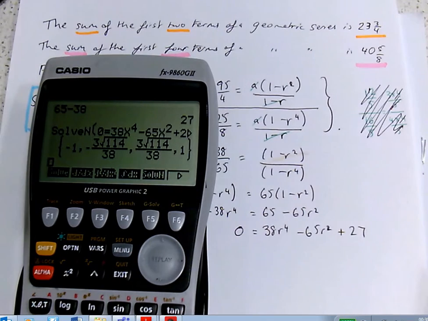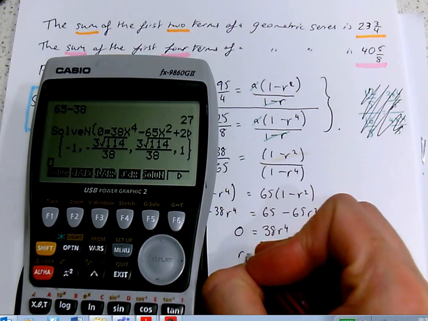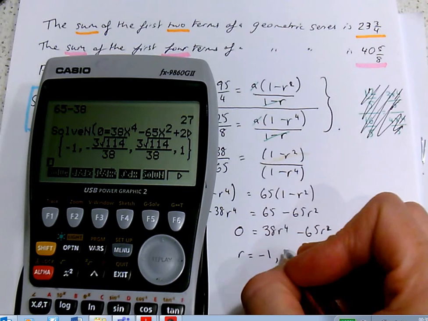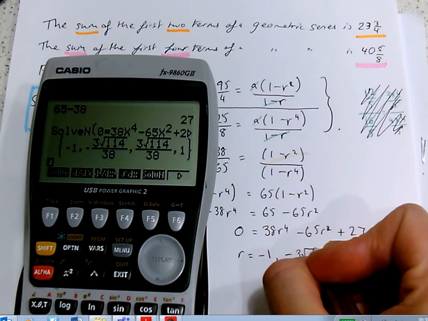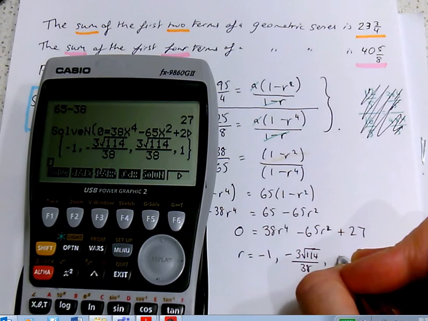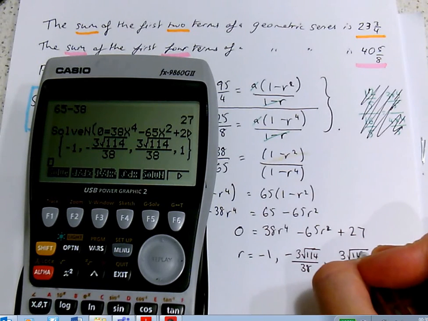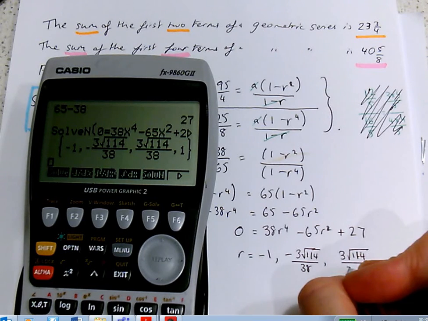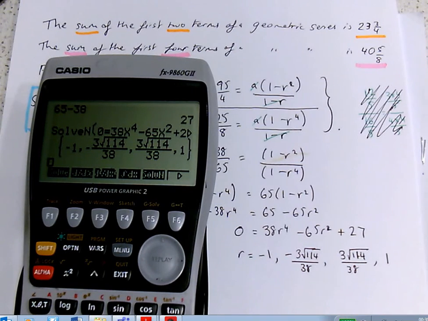It always warns us of extra solutions. So this would give us r is -1, negative 3 root 114 over 38, positive 3 root 114 over 38, or 1. Now we know that our summation formula only works when r isn't 1 or -1. So we can ignore those ones.